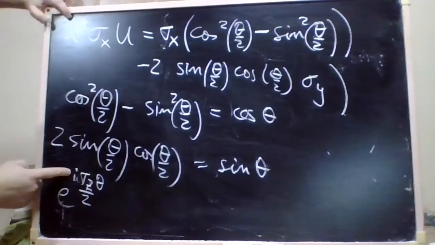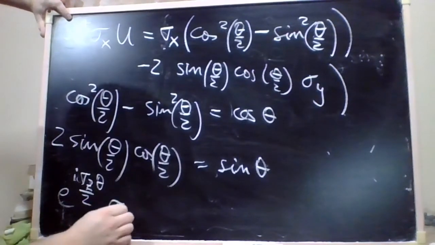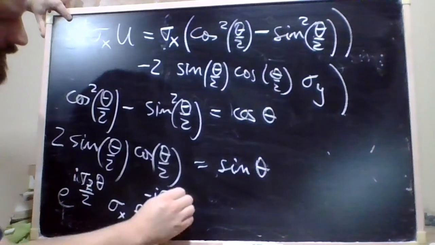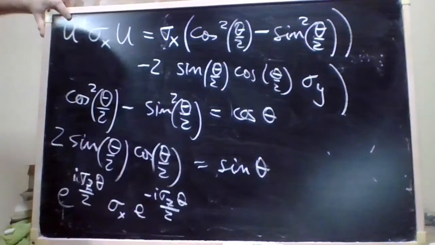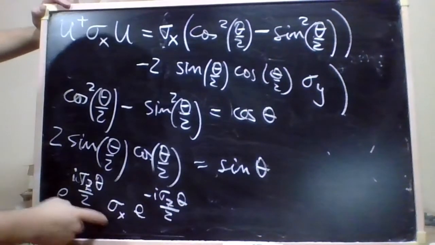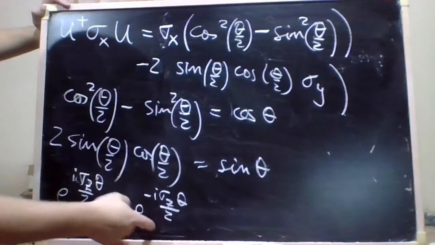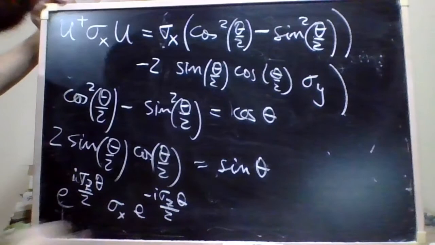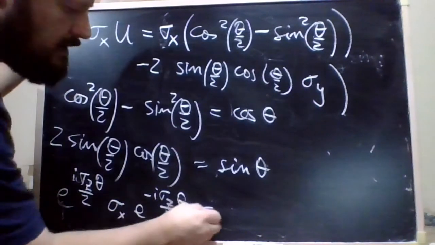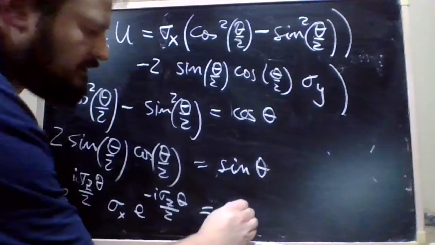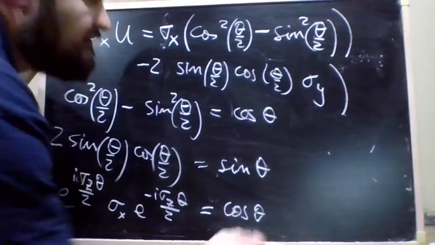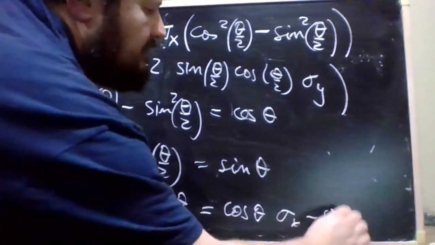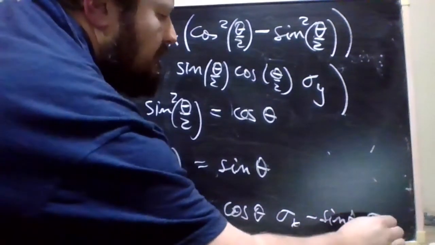the operator U dagger, sigma of x, the operator, right? This operator applying to sigma x, and the transposed operator here, it doesn't matter what you call it, the complex transpose operator, you find this as cosine of theta sigma of x minus sine of theta sigma of y.